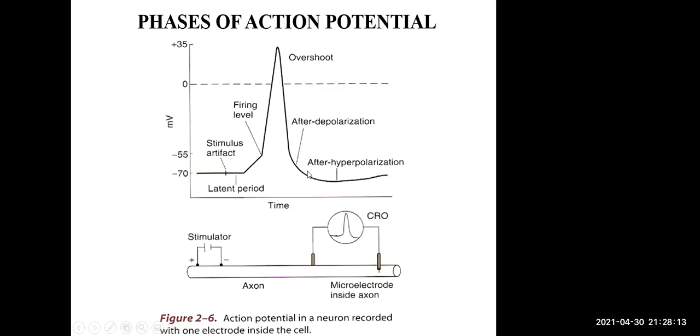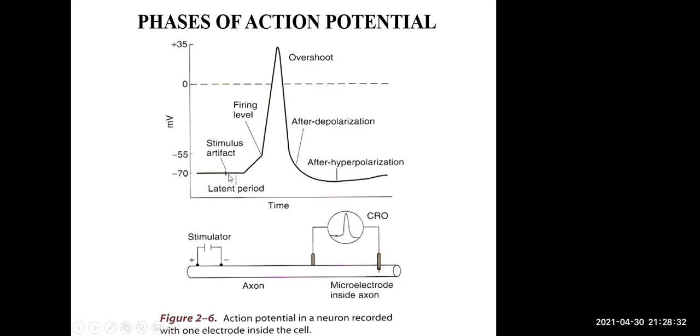So in an action potential, you can find from the starting, it is obtained from the nerve fibers. Minus 70 is the resting membrane potential. Stimulus artifact. What is that stimulus artifact? It is nothing but, as soon as you apply the stimulus, you can find a small deflection there. This is what we call the stimulus artifact.